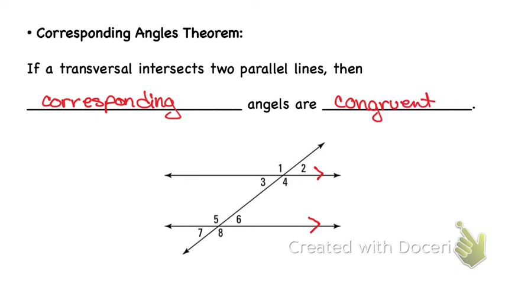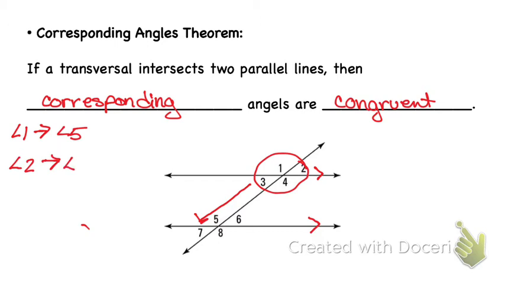Now, corresponding angles means I can take this intersection and slide it down, and when I do, angle 1 goes to angle 5. Angle 2 goes to angle 6. Angle 3 goes to angle 7. And angle 4 would translate onto angle 8. Okay, so it just slides down, and those are corresponding angles, and they're congruent.